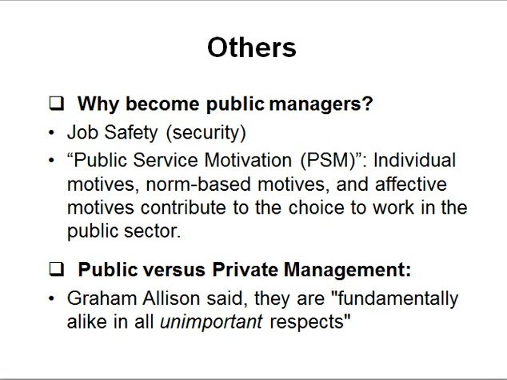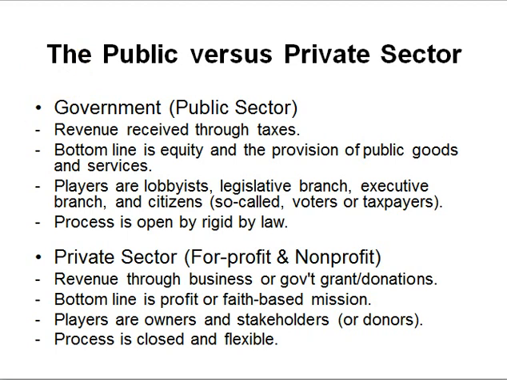And next, there is the distinction between public and private management. Allison said they are fundamentally alike in all unimportant respects, which means there are obviously differences between these two sectors. So here are details about what the public sector and the private sector are. It's very easy.